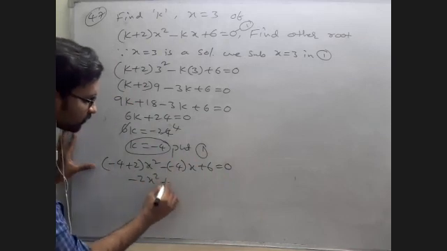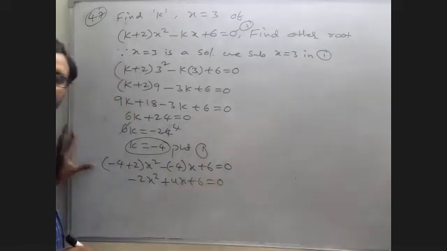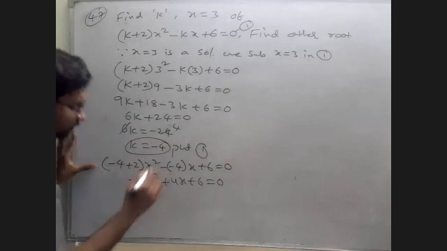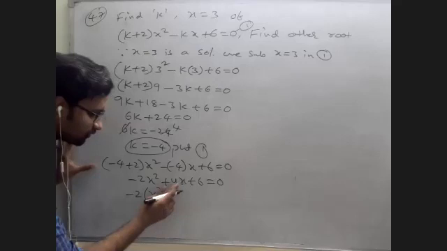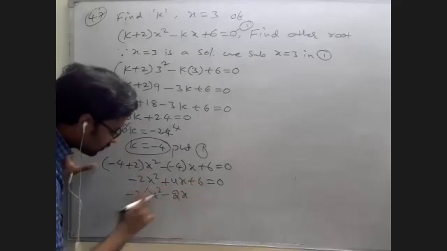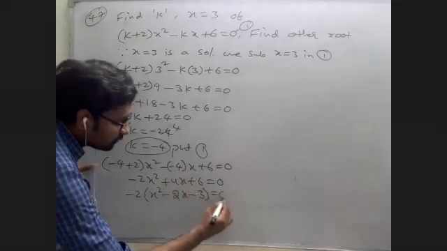Minus into minus, plus 4x plus 6 is equal to 0. Now I am taking minus 2 common from the total equation. Taking minus 2 common, it will be plus x square; from 4x, 2 common, minus 2x; and from plus 6, minus common, minus 3; 2 threes are 6, is equal to 0.